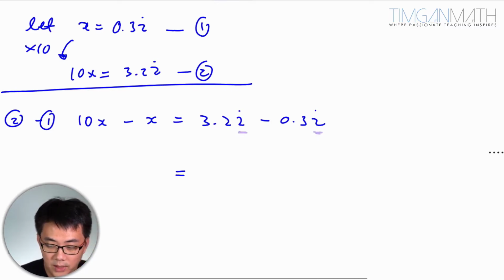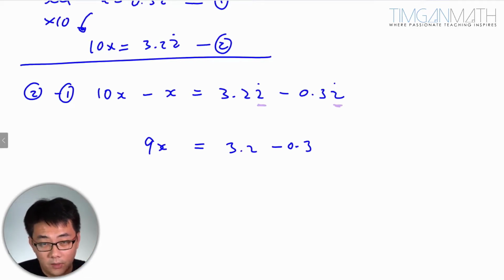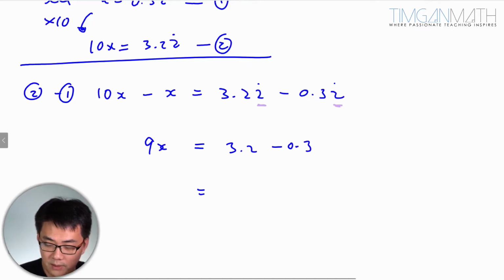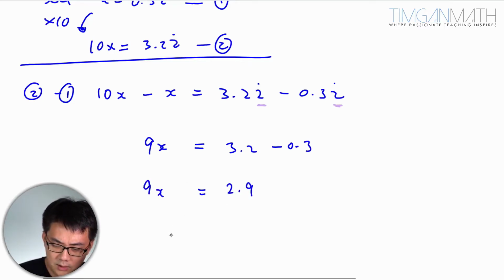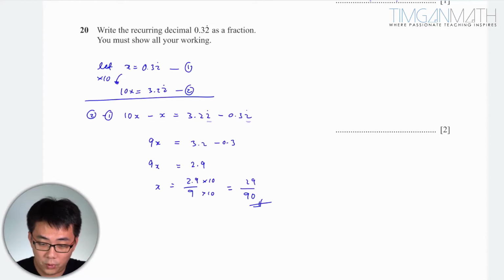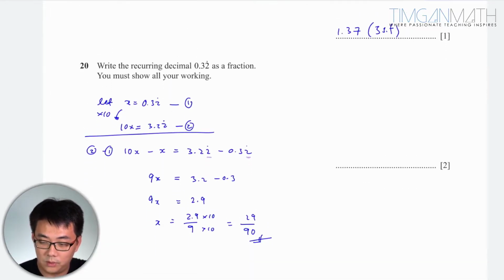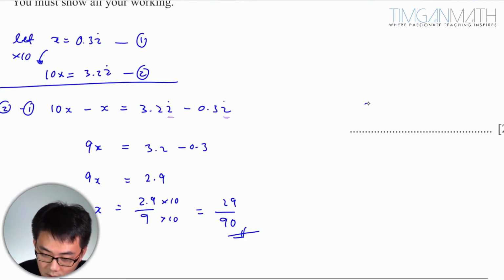This one would be minus away, and this case here would be 3.2 minus 0.3 quickly, and this will be 9x here. So 3.2 minus 0.3 would then be 2.9. This is 9x, so x equals 2.9 over 9. You can multiply with 10 top and bottom. That is 29 over 90. Of course, this is not the only way to do it. So just check your answer. 29 over 90 will be 3.22222. So always use your calculator to check, whatever you get.